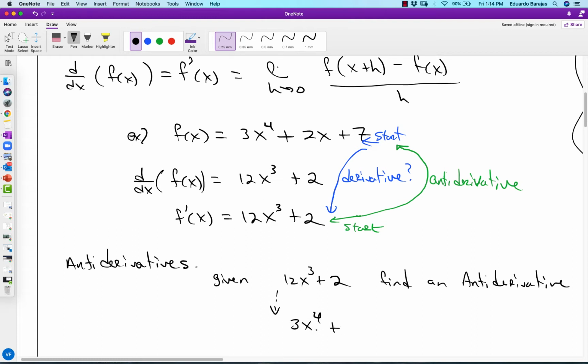We go, okay, well look, if we take the derivative of this function, we get that one. Of course, we also learned that because the derivative of 7 is 0, someone could easily change that 7 to something else, like this one. The derivative of this one is also 12x cubed plus 2.